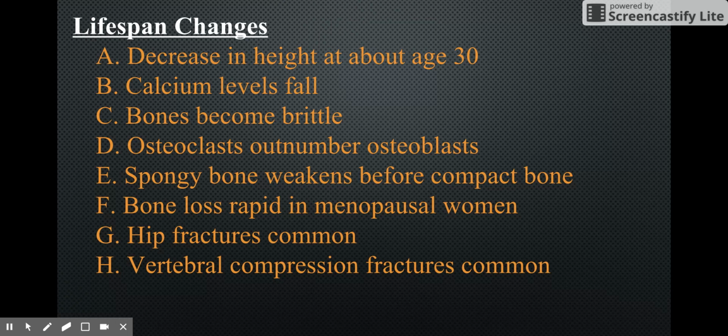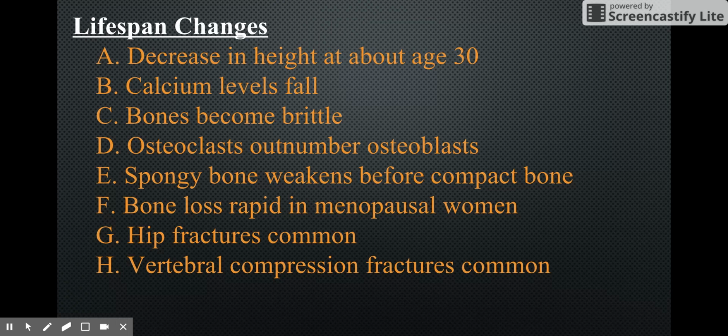Also, your calcium levels will start to fall off, so you'll need to take supplements to keep those up, because if you don't have the right amount of calcium, your bones won't stay healthy and hard. So bones do become more brittle. Your osteoclasts, the ones that break down bone material, start to outnumber the osteoblasts that create bone material, which also makes the bones more brittle. And your spongy bone will then weaken. Remember, it had all those pores in it, so it wasn't as strong as the compact bone originally, but it weakens and becomes more brittle before the compact bone.